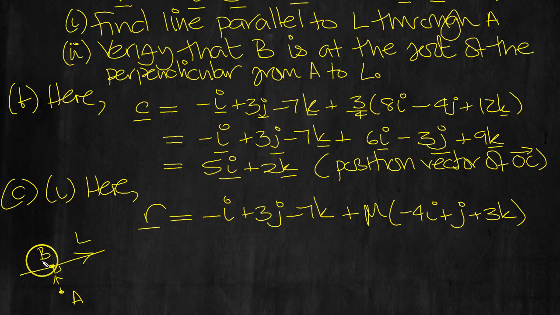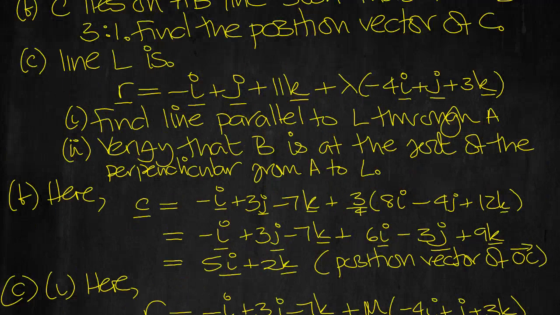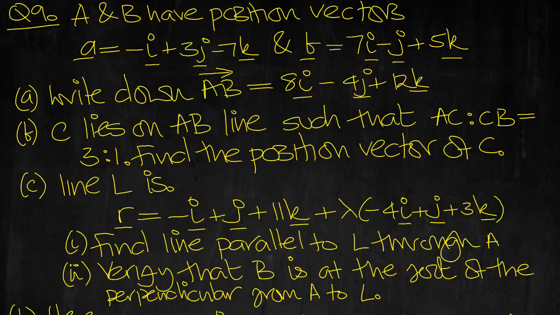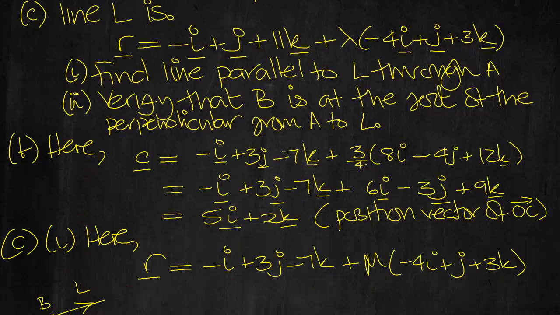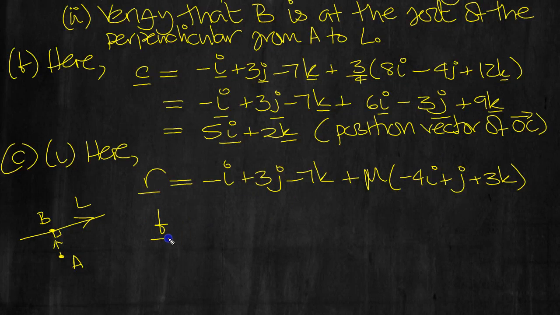Okay, so let's have a look here then. So firstly, B is on L. So for that to be the case, the position vector of B is 7 minus 1, 5. So let's just put that in. 7 minus 1 and 5.